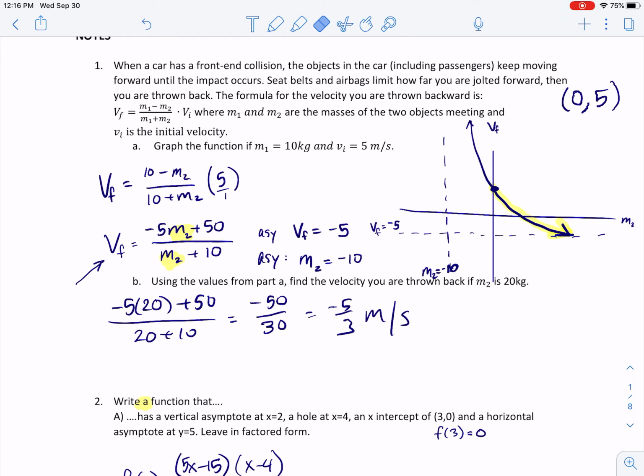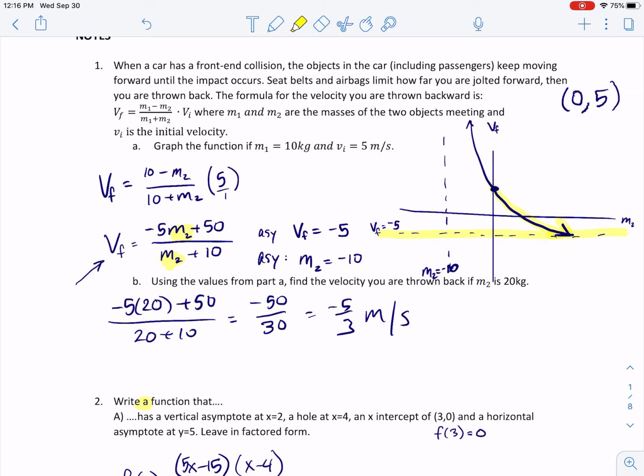Is there anything else I need to tell you about this? On some of the problems, they'll then ask, what do the asymptotes mean? What's happening here is that our velocity can get as big as negative 5.